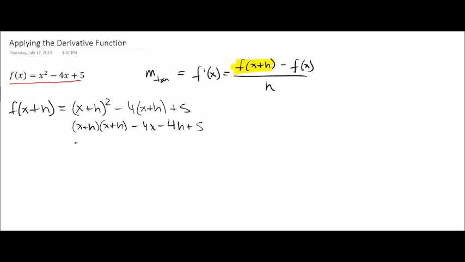And upon foiling this out, we've got x squared plus 2xh plus h squared minus 4x minus 4h plus 5. So that's what we're going to end up substituting into the f of x plus h component of our newfound slope formula.